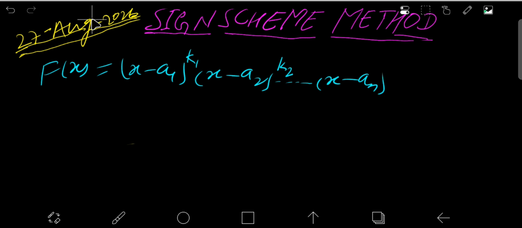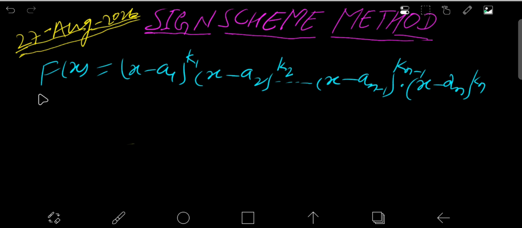Here we take n minus 1. One extra term we get, n minus 1, then power is k n minus 1, into, in multiplication, x minus an, and power is kn.